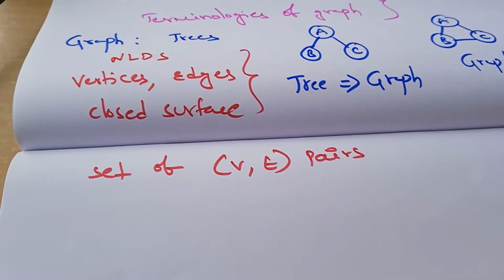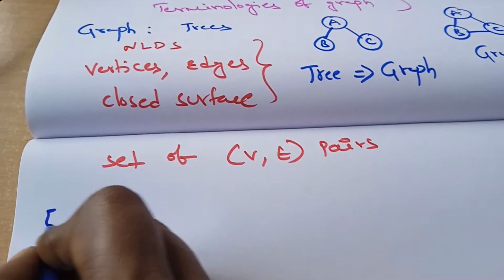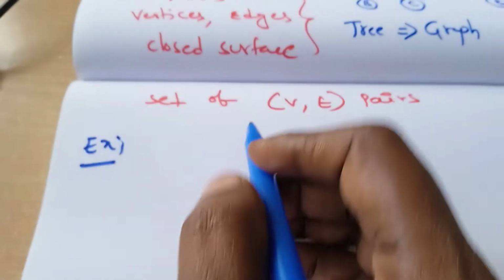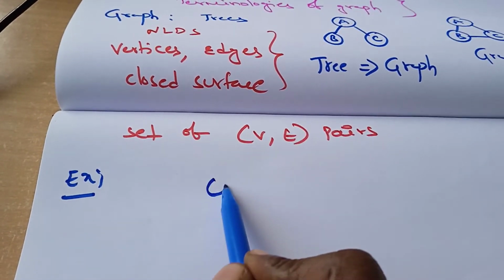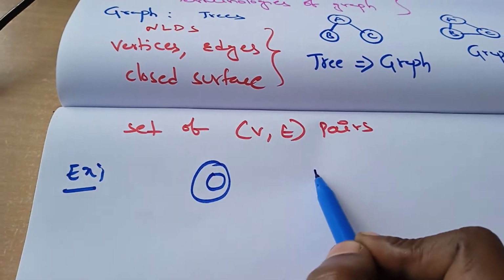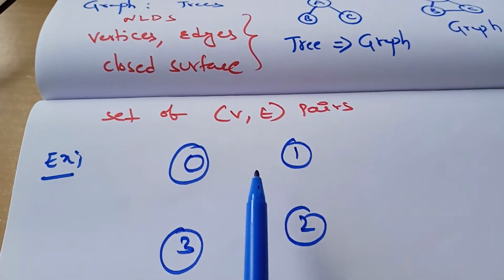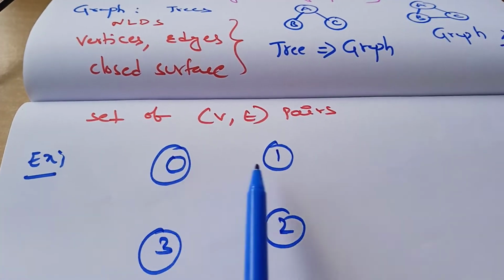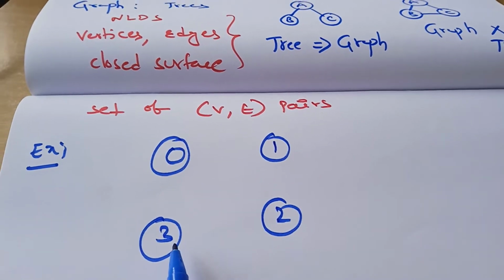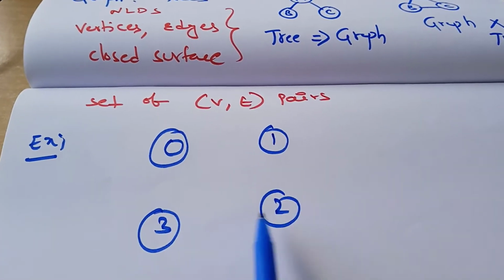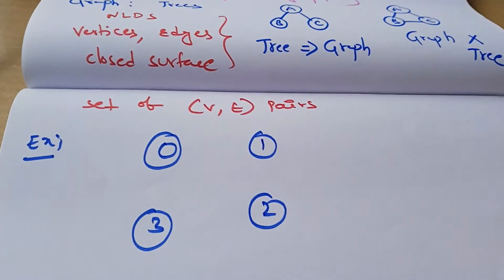Okay. Now let's take an example for better understanding. Look at the example that I have: 0, 1, 2, 3. These 4 nodes are called vertices.